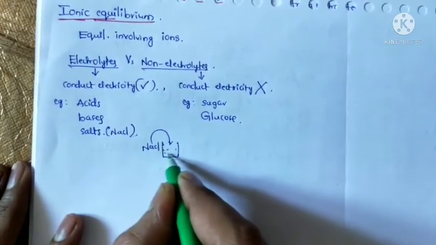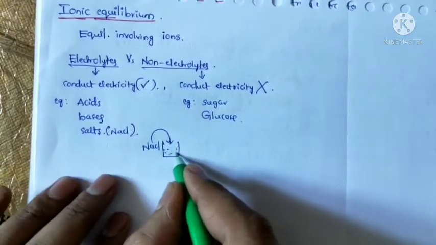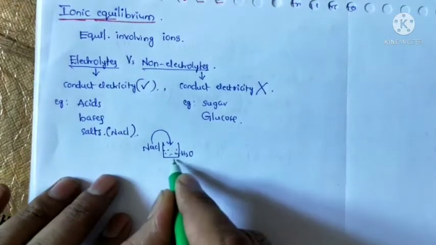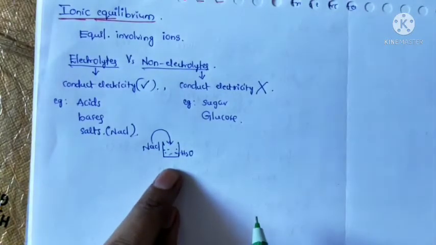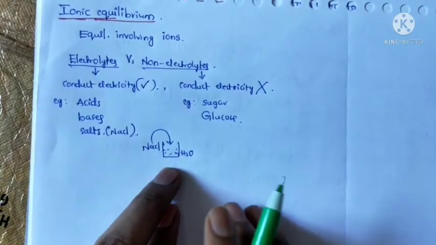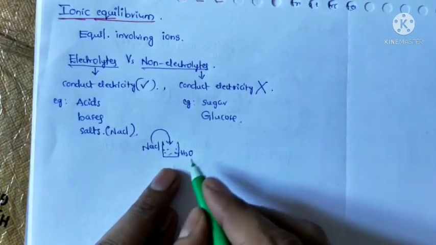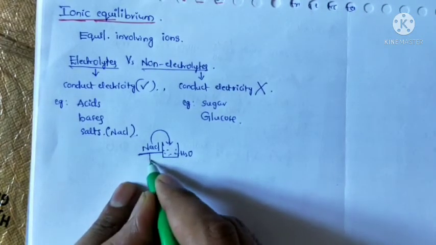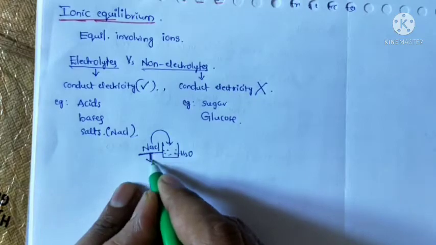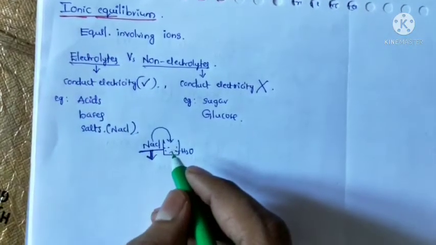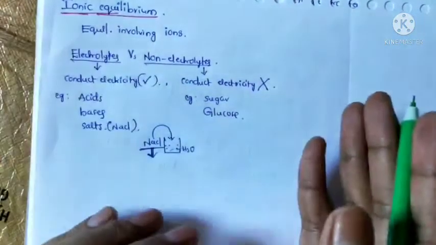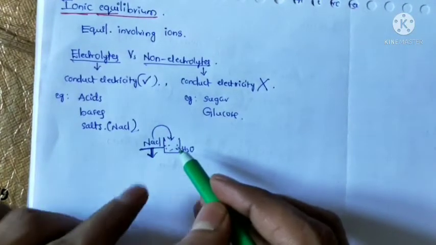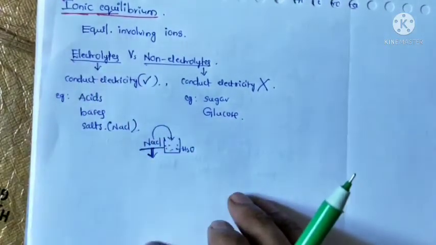Whenever salt is dissolved in water, this solution can allow electricity to pass. That's why NaCl is called an electrolyte, and this solution is also called an electrolyte.